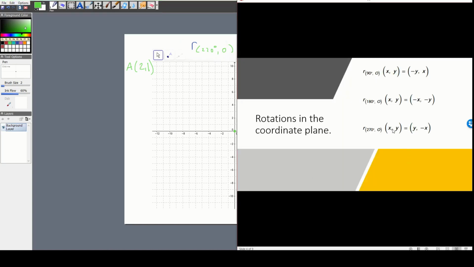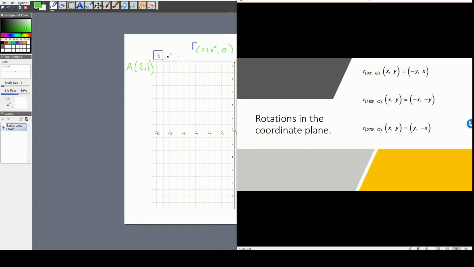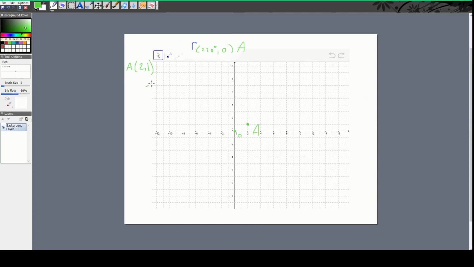I'm going to follow the rule, change their order, but this time I'm going to negate the X that I started with. So my original Y is going to come over to be my X coordinate. That's what that means. And my original X is going to become my Y, and I'm going to negate it. So my original X was 2. I'm going to negate it and make it my new Y.